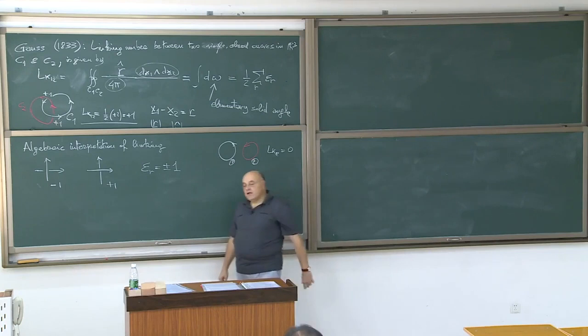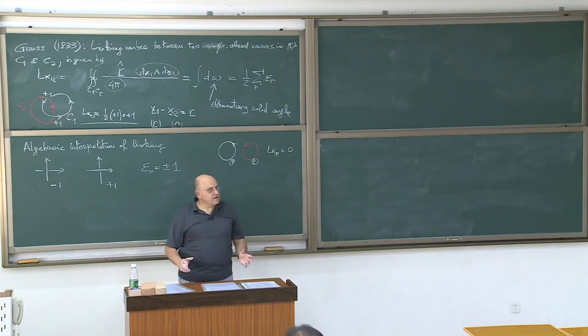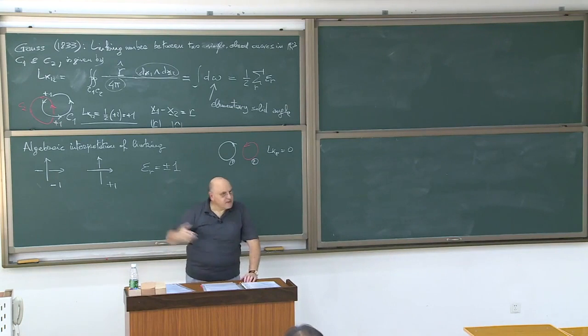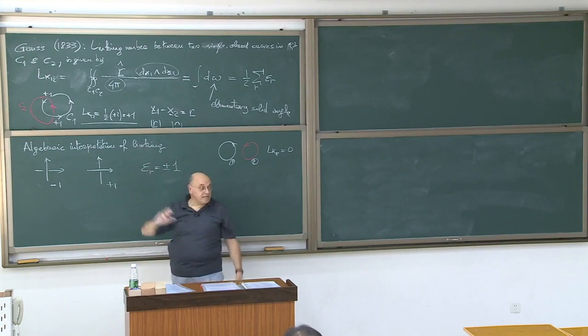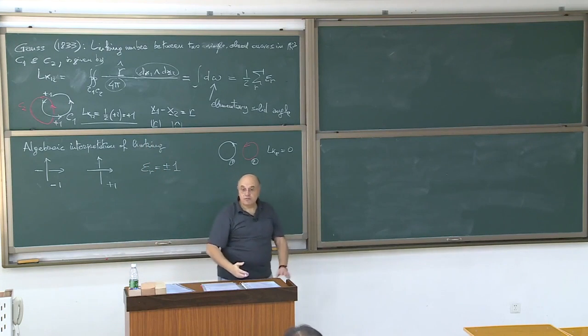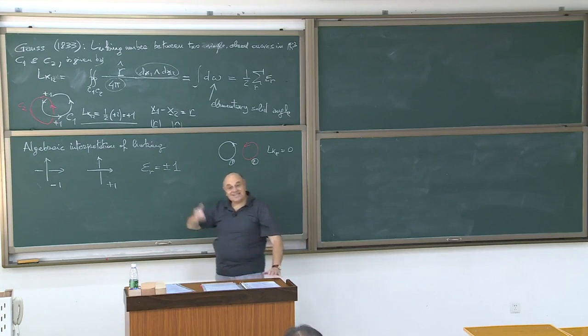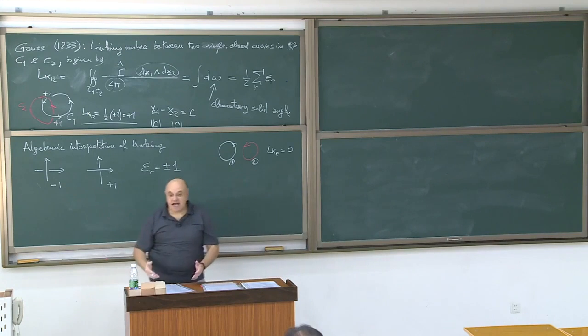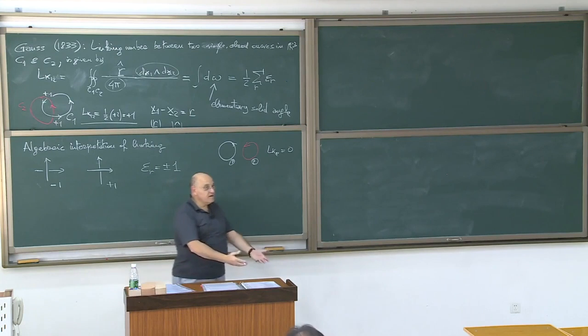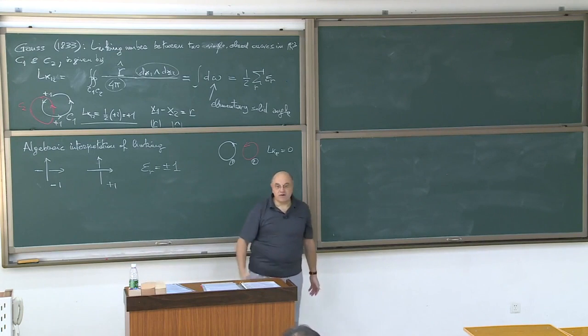Maxwell noticed, first of all, he derived himself the same formula, but independently. And when it was time for his book to come out, it was a bit late for the formula, because the formula of Gauss was made known to people in 1867, which is exactly the time that Maxwell was ready to publish the formula.